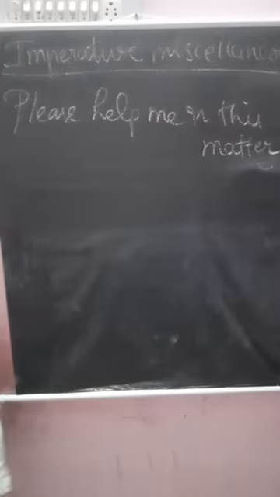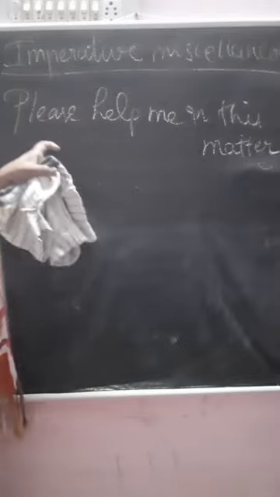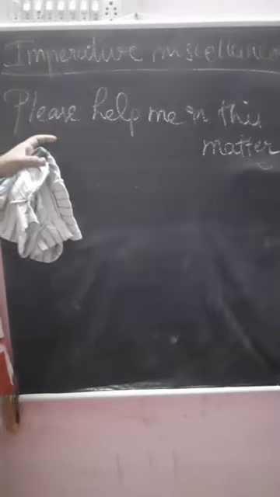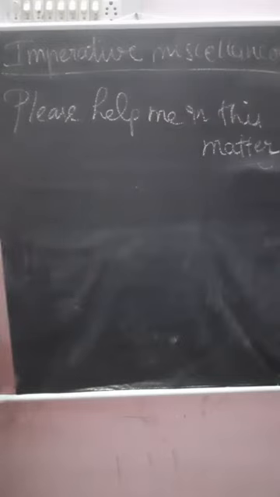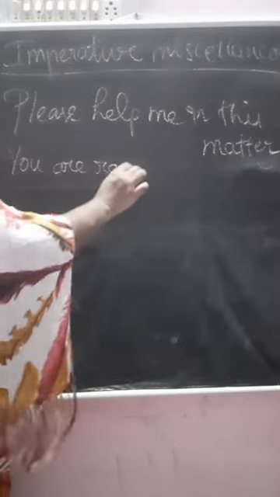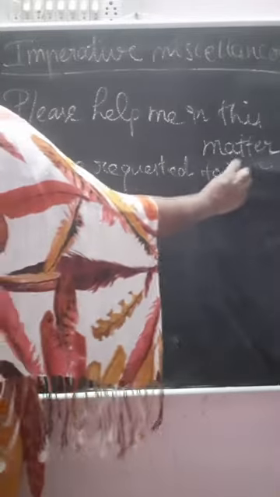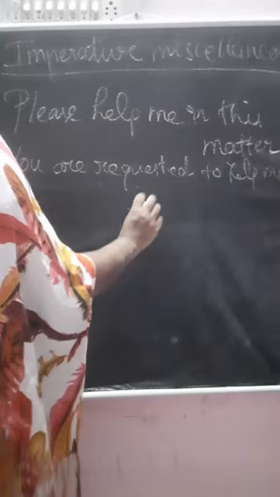The other example similar to that: please help me in this matter. If we change straight away into passive, "let me be helped in this matter". It sounds a little odd, isn't it? So here again we have to use "you are requested". You are requested to help me in this matter.